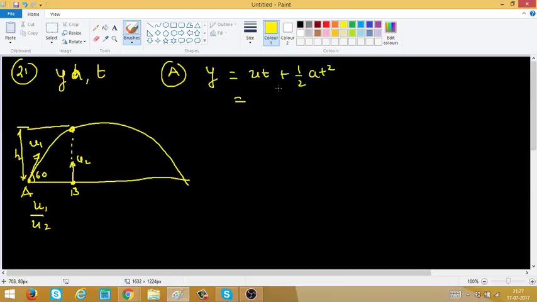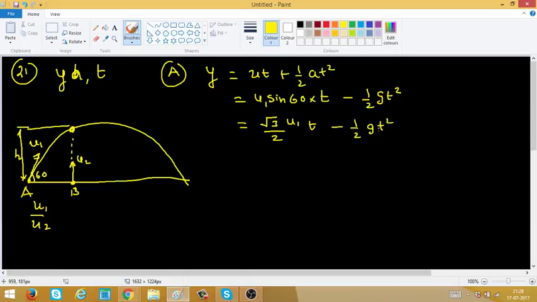So the initial velocity that I will take will be u1 sine 60 into time t minus half gt square. Sine 60 is root 3 by 2, so this is root 3 u1 by 2 t minus half gt square.